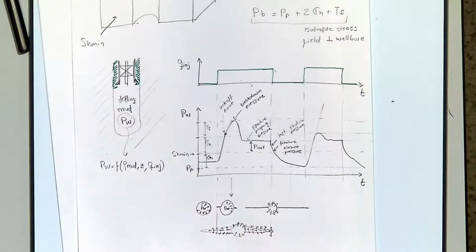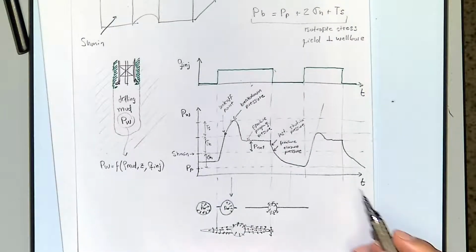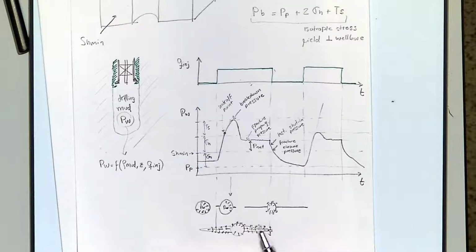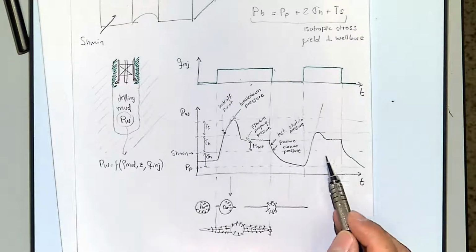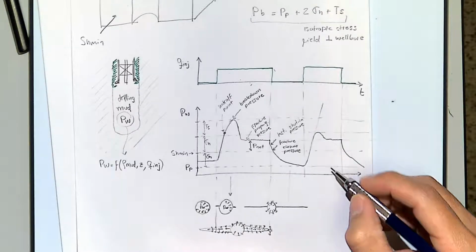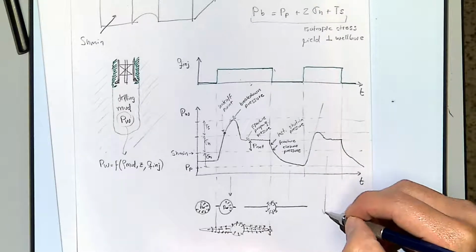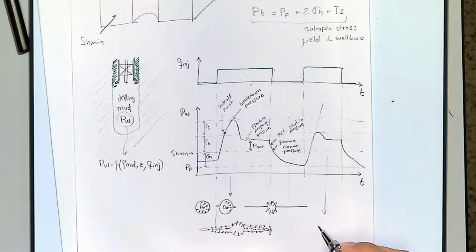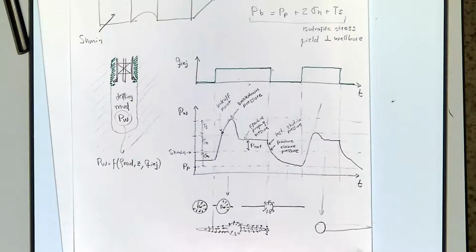So this will be the wellbore response for the first leak off test, and then the second leak off test with the formation already fractured. So let me draw this again. The fracture now is propagating, and is actually now longer than before.